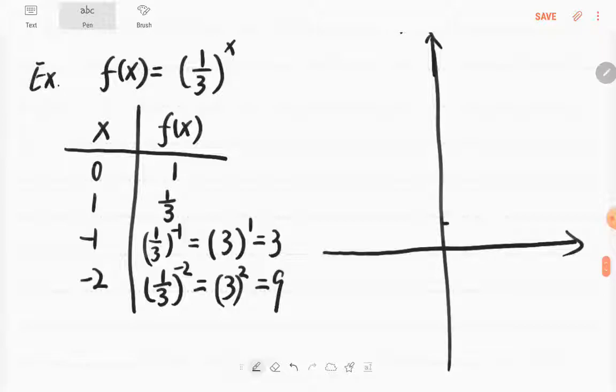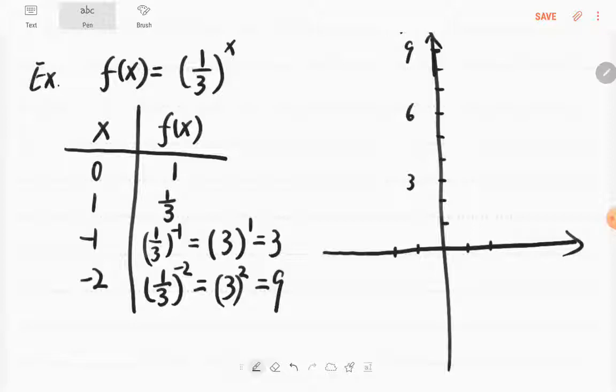So this is 1, 2, 3, 4, 5, 6, 7, 8, 9. This is 9. This is 6. This is 3. Okay, and this is negative 1, negative 2, right? And 1, 2.